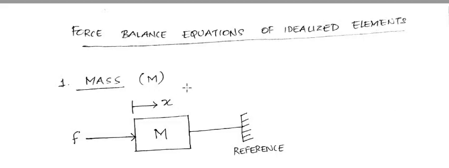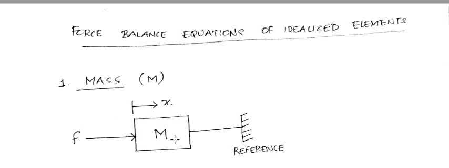So x is marked over here as the displacement. If we are applying this force F to the mass, definitely there will be an opposing force due to the mass m itself. That opposing force is represented by F suffix small letter m.